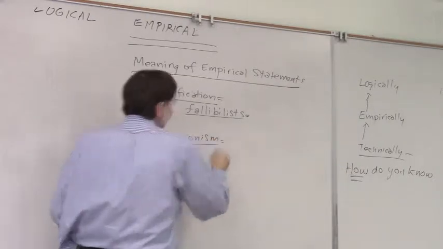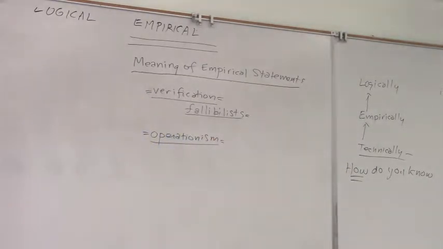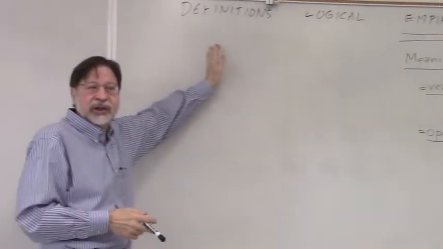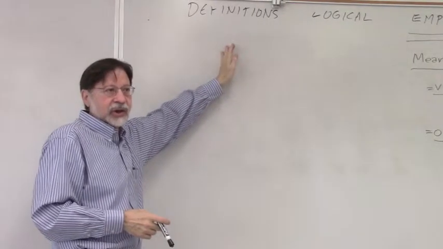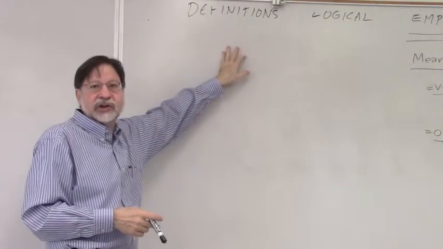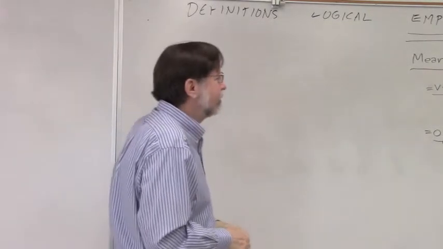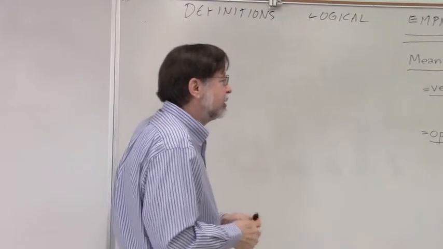You'll notice I already introduced for you the idea of an operational definition. Among some definitions, some of them are called operational definitions. You've already read about operational definitions in Chapter 2, if you're caught up with the reading. If not, read up on operational definitions.